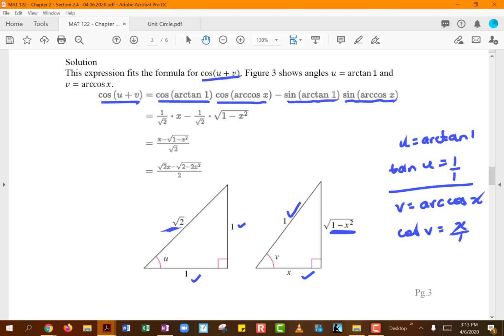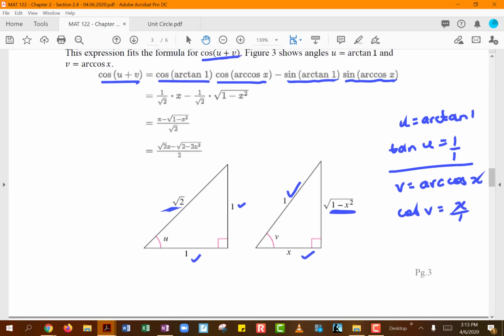So using that information here, this first one will give us cosine, hold on a second.